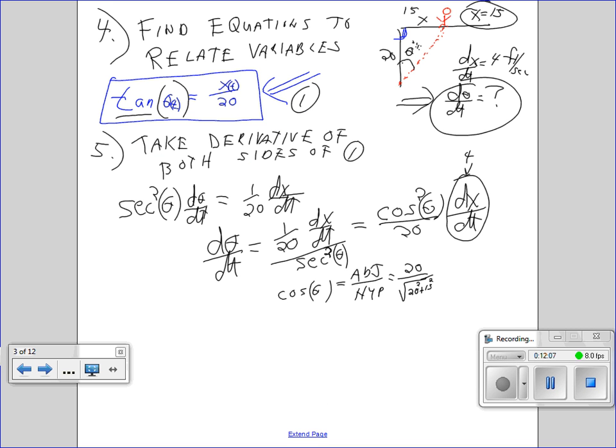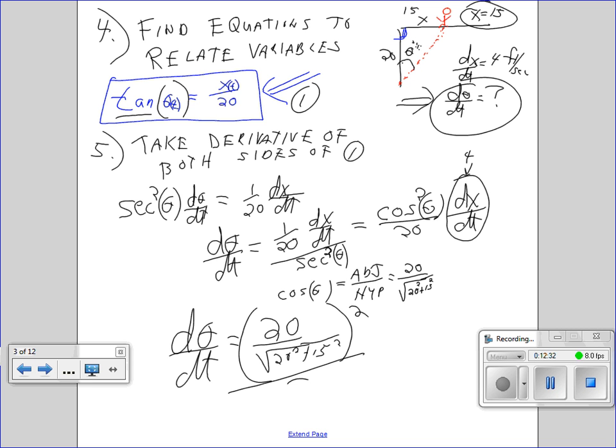Let's put an answer down here. d theta/dt is going to be 20 over the square root of 20 squared plus 15 squared, and we're going to square that whole thing, over 20 times 4.